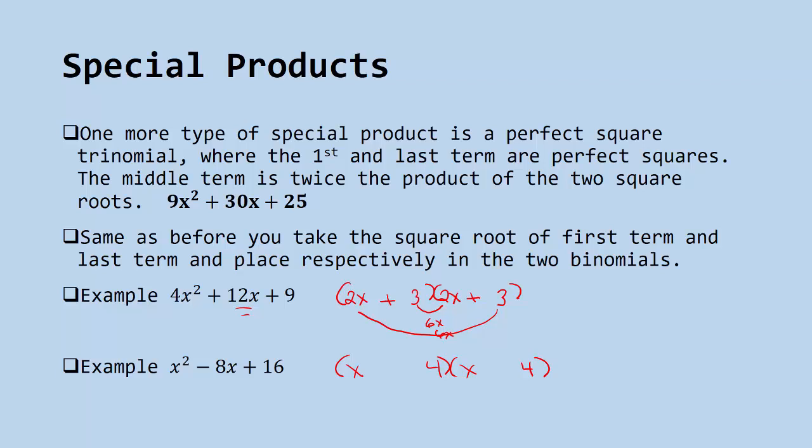Now, we know these have to be the same sign again because our last term is always plus. But since our middle term is minus, these are both going to be x minus 4 times x minus 4. So these problems, when you write them out, because they're identical, you could simply write them as x minus 4 squared as an example.